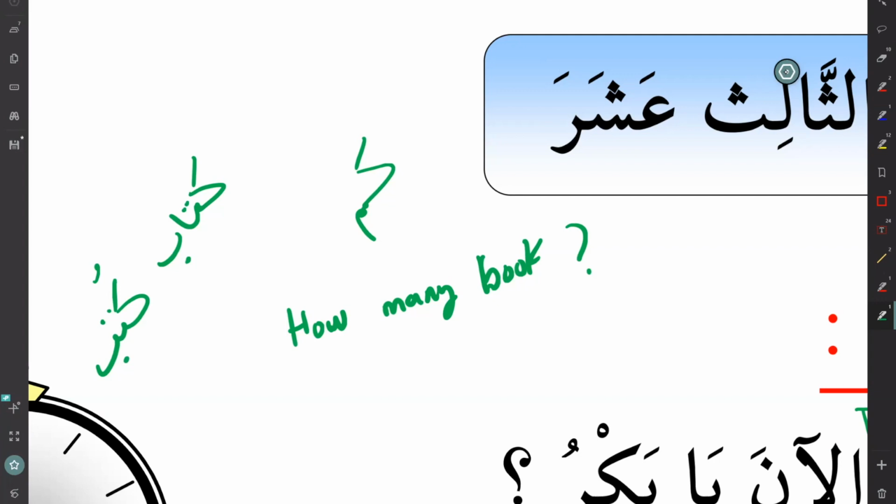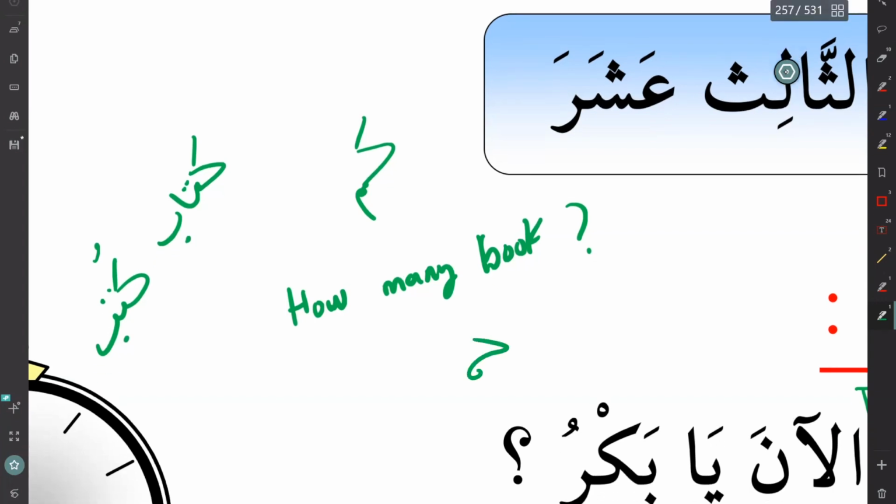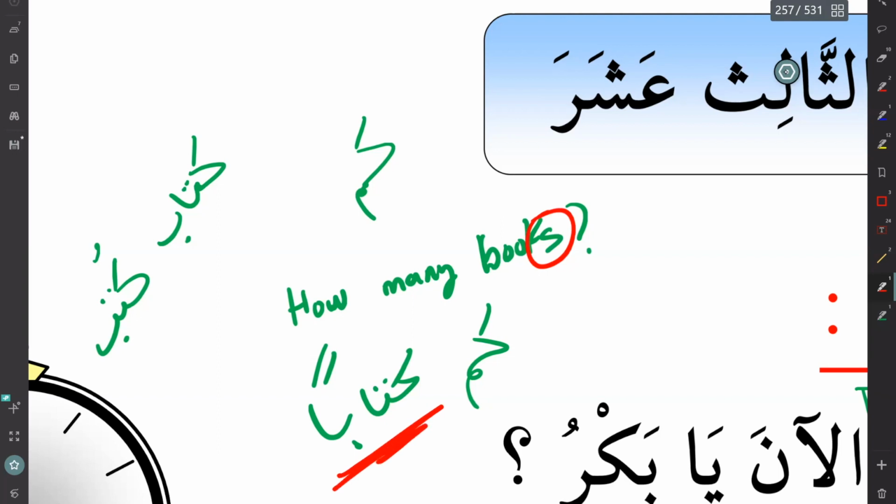Number one, what brother wrote is kam kitaban. Excellent. Few things. Number one, in English we say how many books, right? In Arabic, we don't use the plural. We use singular. And we don't say kitabun, we say kitaban.